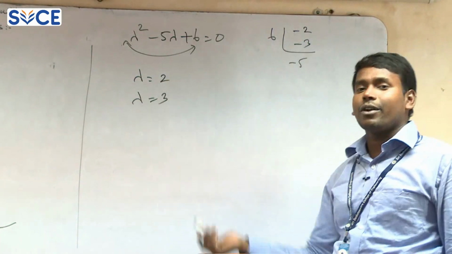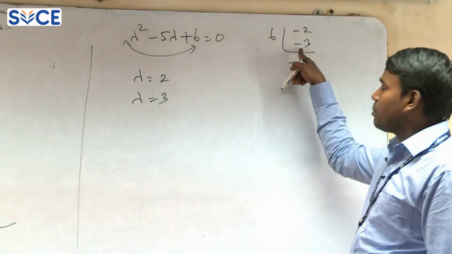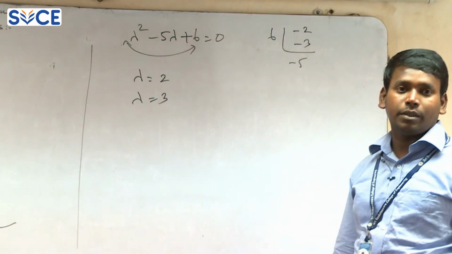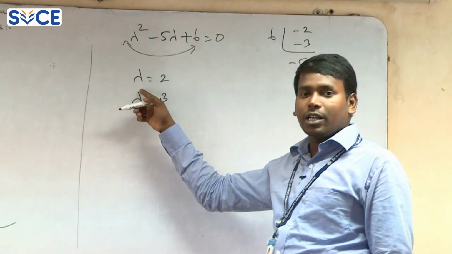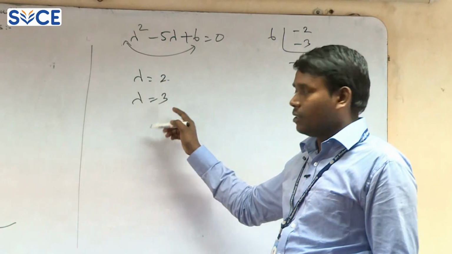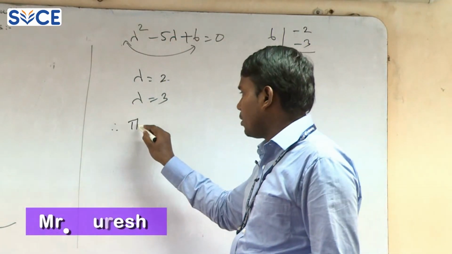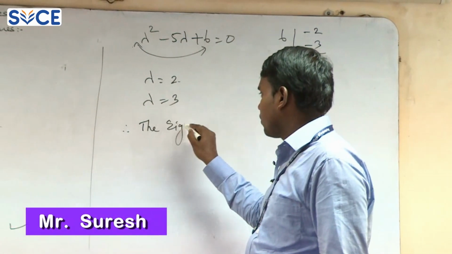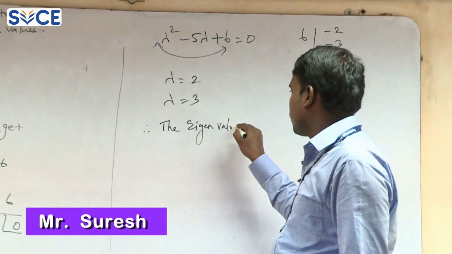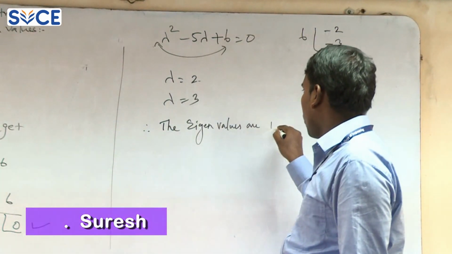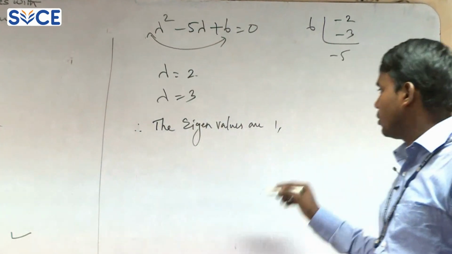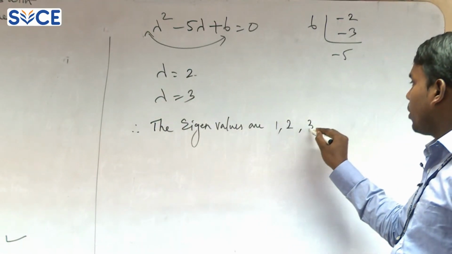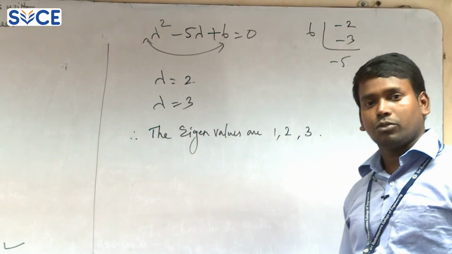Plus 2 means lambda equal to minus 2, plus 3 means lambda equal to minus 3. So the remaining eigenvalues are 2 and 3. Therefore the eigenvalues are 1 first, second one 2, third one 3.